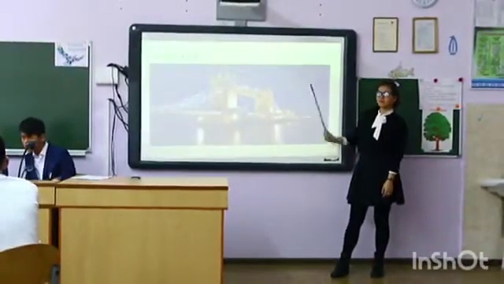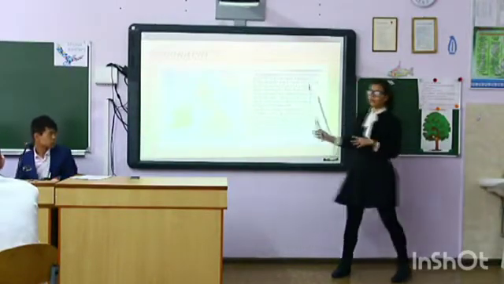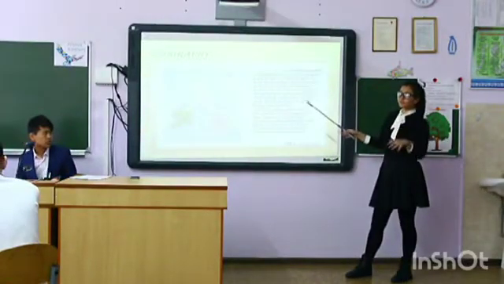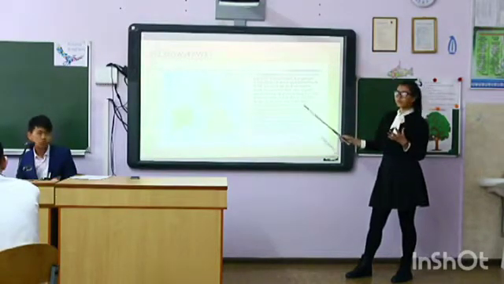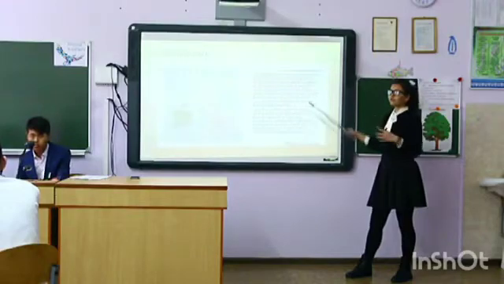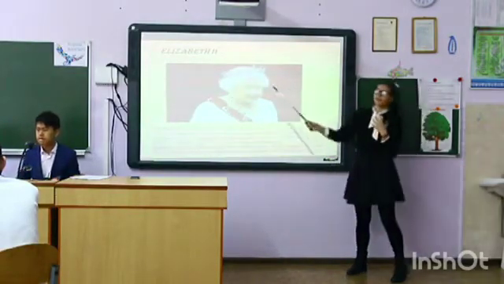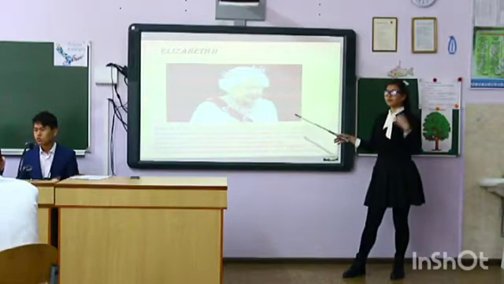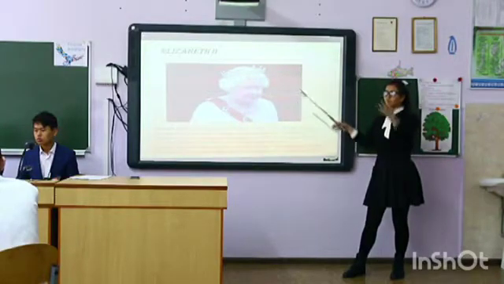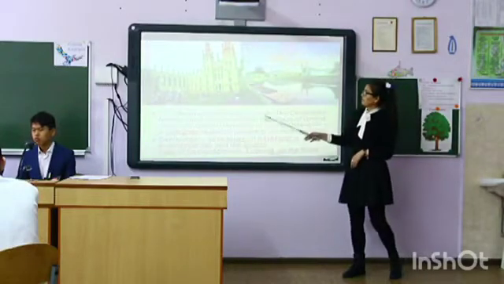Our topic is England. England is a country of the United Kingdom or Great Britain. England borders Scotland to the north and Wales to the west. Next, Elizabeth II, at the time the Queen of Great Britain and the Queen of Canada, official head of Canada. Listen, boys and girls.